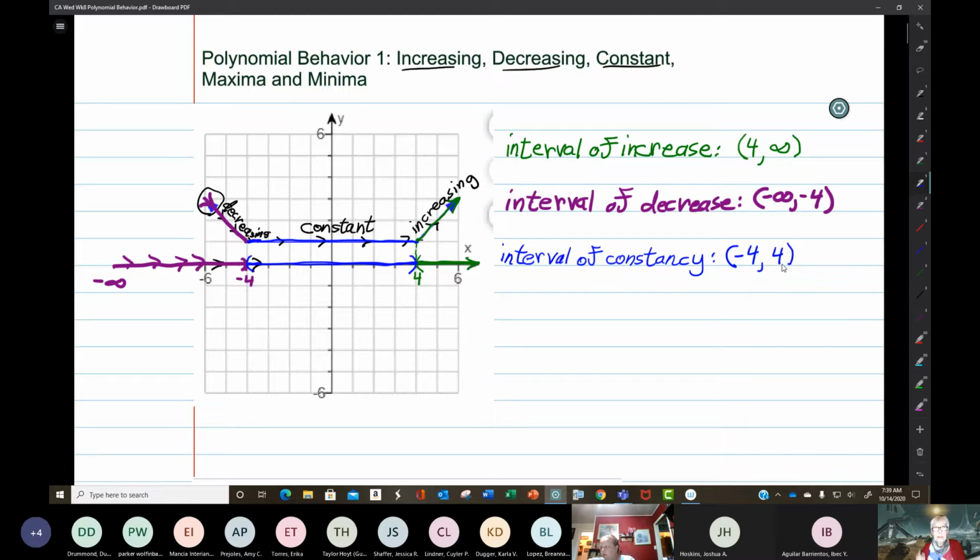Now comes the reason we don't use brackets. It's because I cannot tell you whether here at -4, that's included in the decrease or it's included in the constant part of the graph. Which is it?